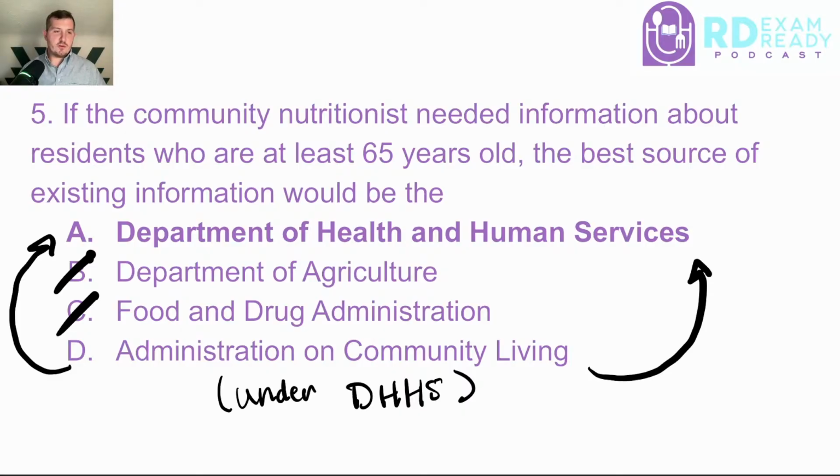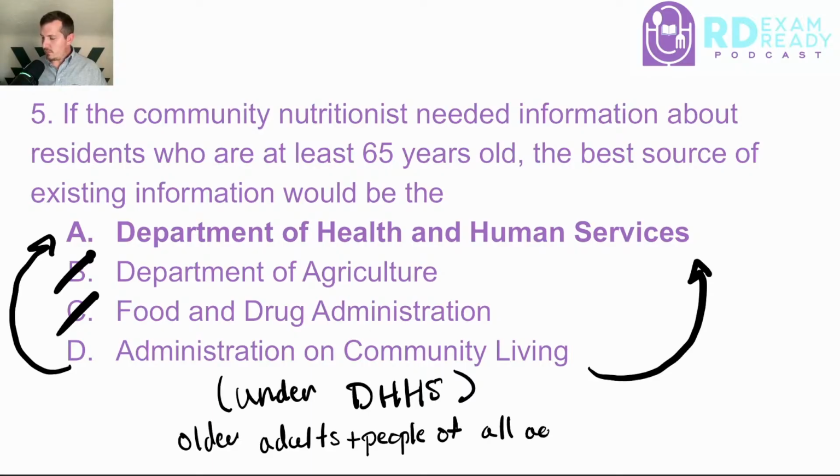For the Administration for Community Living, the specific stuff that it focuses on, it's solely dedicated to helping older adults and people of all ages with disabilities in their homes rather than institutional settings.